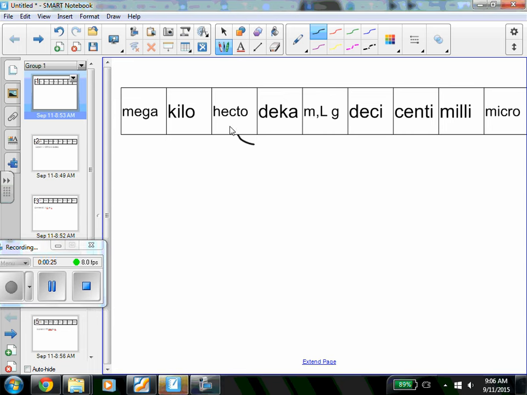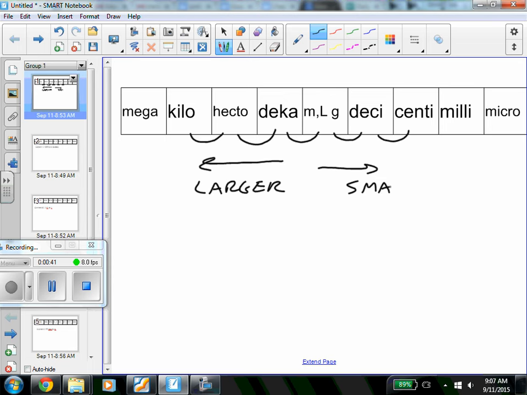You can remember that in between any one of these units or prefixes is a factor of 10. If you go to the left, these prefixes get larger, and if you go to the right, they get smaller. So anything over here is smaller than anything over here, as far as prefixes go, and it's always a factor of 10.